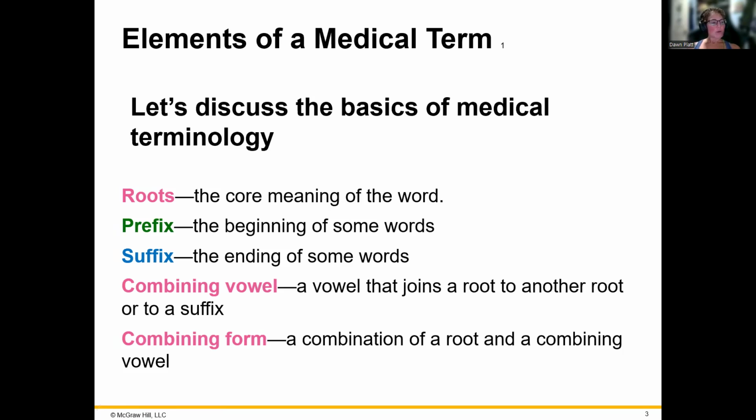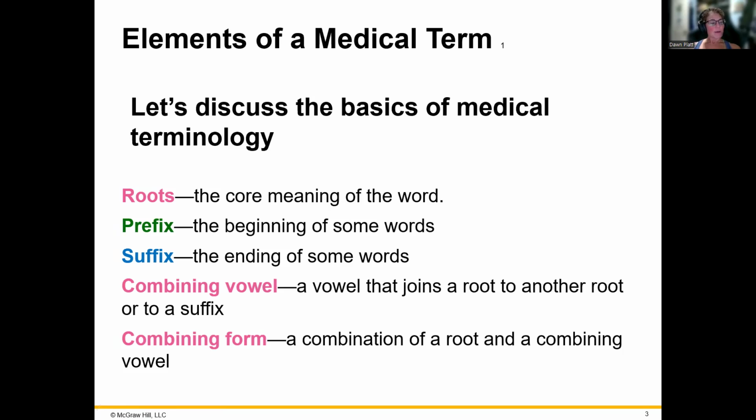So let's say you're going to see pneumonia. Pneumonia is a total word. So pneum is actually the root word. They're going to add an O to that, and really pneumonia means a condition of the lungs.